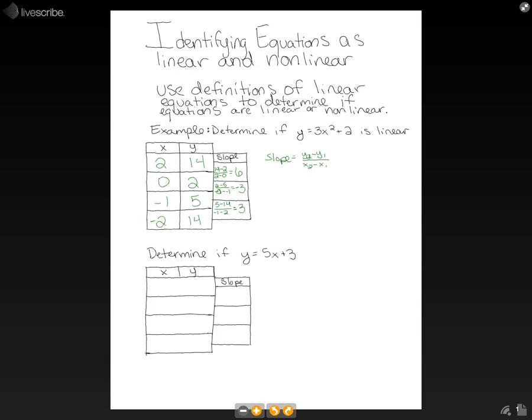So you can see we get different slopes for different points. Different slope means it's not constant, and therefore it's not linear. Linear functions always have a constant slope.